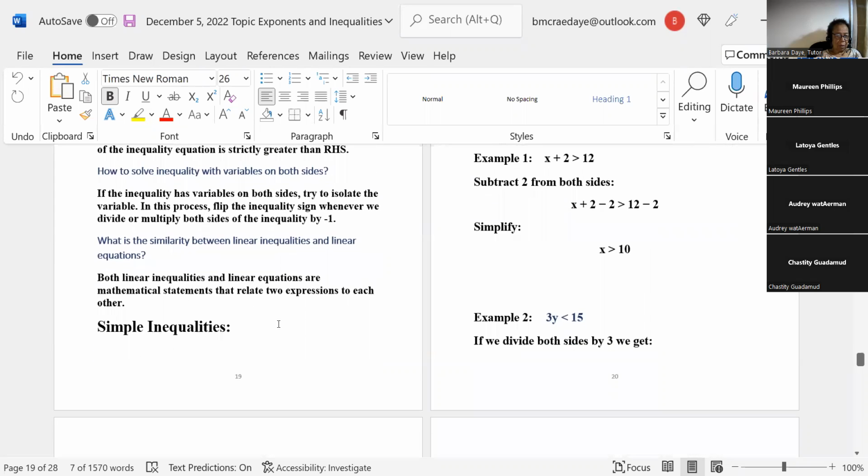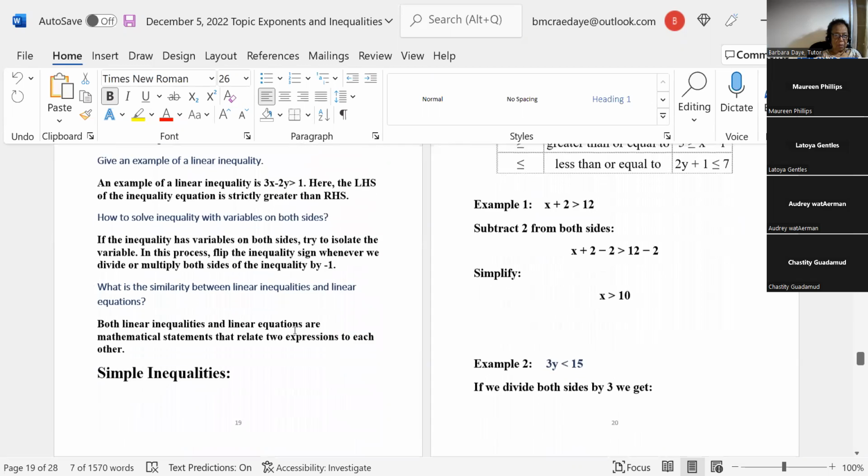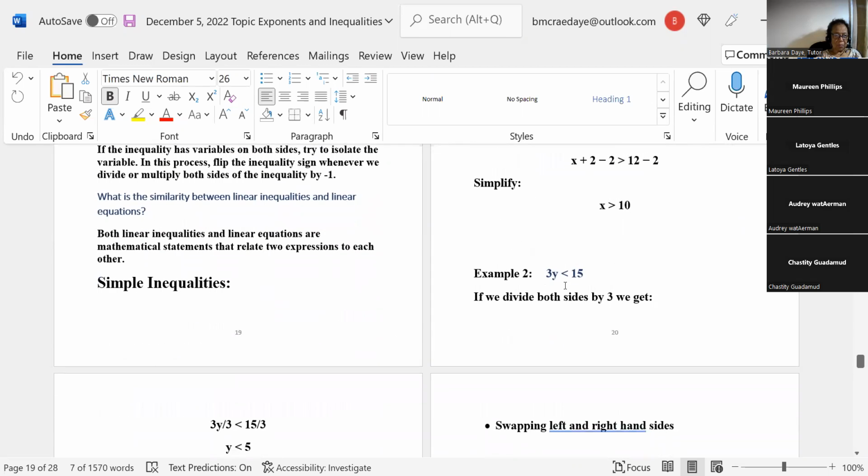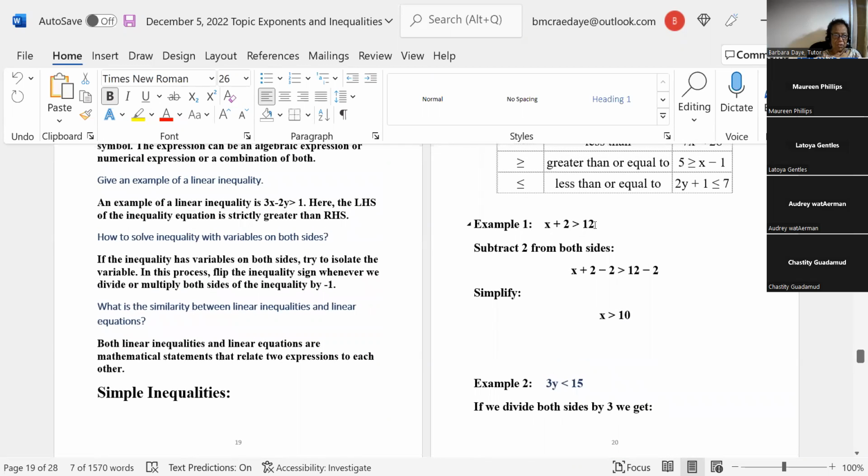Let's see: x plus 2 greater than 12. Same thing, right? We subtract the 2 from both sides. 2 from 12 is 10. It becomes x greater than 10.